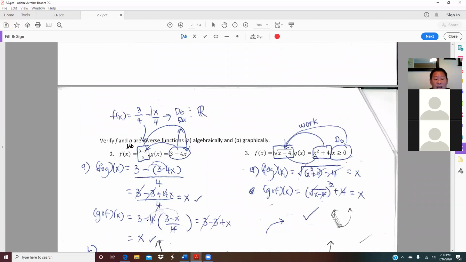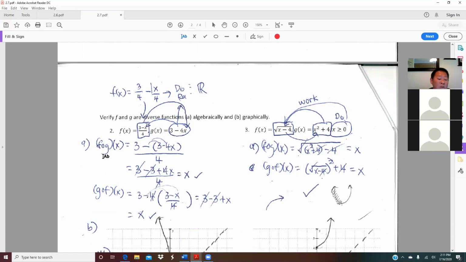Question 2 is asking how we do it algebraically and graphically. How do we know these two functions are inverses? You do the composition. When you do f of g, you get exactly x, and when you do g of f, you get exactly x. When you do f of g, it means you plug g into f.